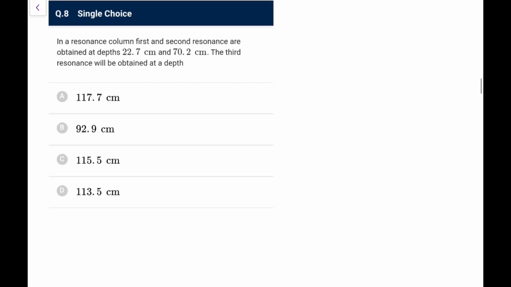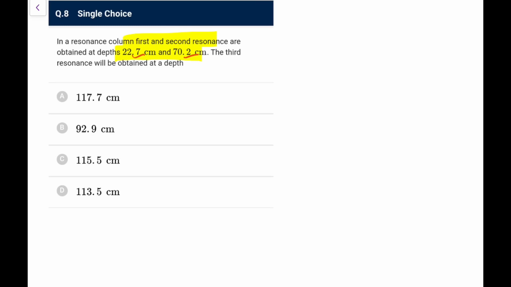Next. In a resonance column experiment, first and second resonance were obtained at this and this. The third resonance will be obtained at a depth of, okay, so when will the third resonance be obtained? We know the ratio is in 1:3:5. So first is 22.7, second is 70.2.